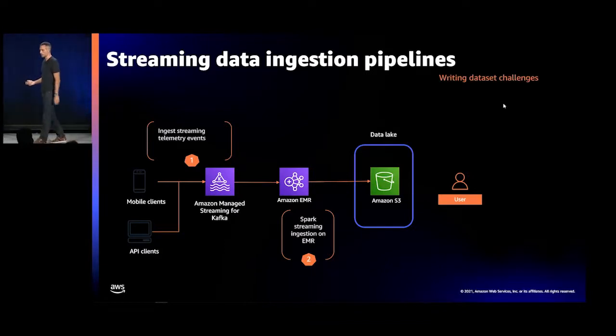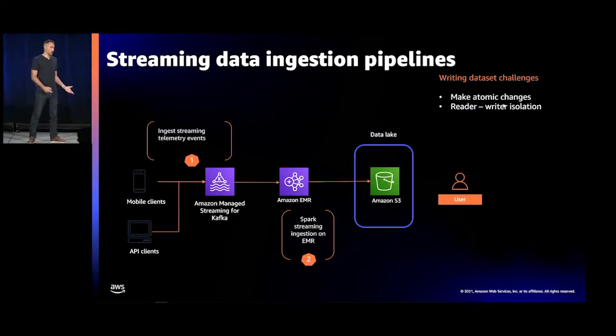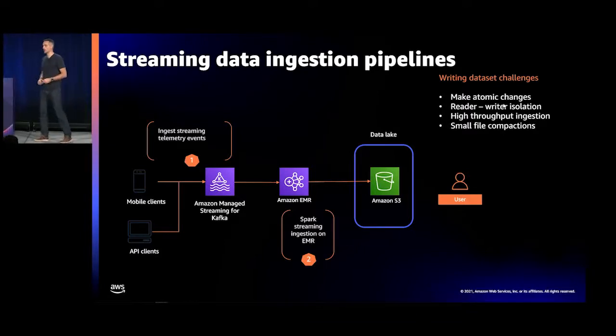You can have some writing challenges, like atomic change. You don't want partial results. You also want reader-writer isolation to provide consistent query output. You probably also need high-throughput ingestion to adapt to a spiky workload. And with low-latency jobs, you probably already had this small file issue that really decreases the performance on the read side.